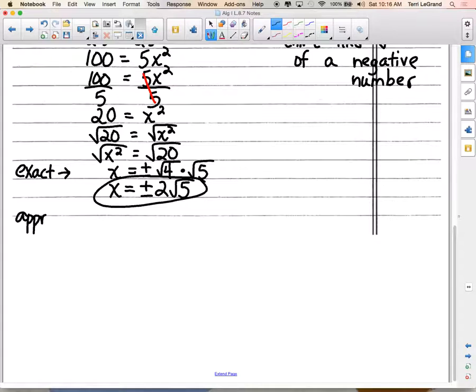In other words, let's just rename our solutions so that we can have a better picture of where we're at on the number line. So x is approximately equal to a positive and a negative. Still 2. Remember, there's 2 of them. And now you'll put the square root of 20 into your calculator.